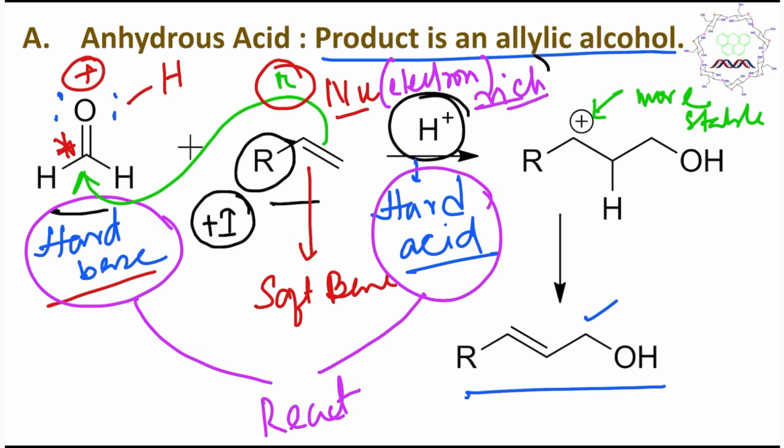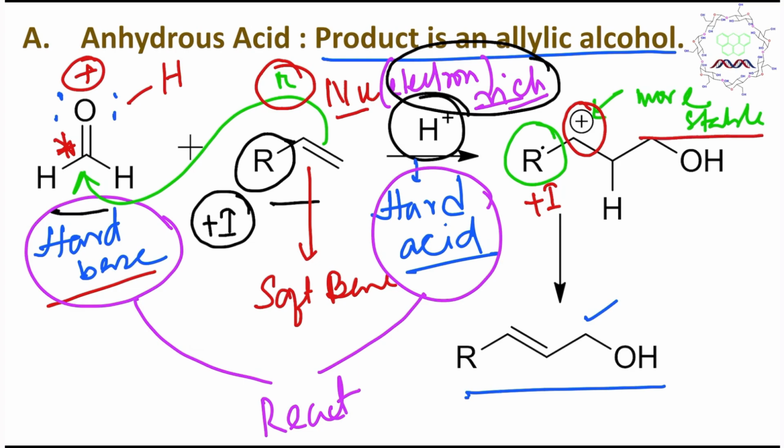If this alkene is electron rich, then only it can attack the corresponding carbonyl efficiently. So that's why this R group has some donation, meaning plus I or plus R effect. So that's why positive charge is more stable at this position. So that's why carbocation will be produced here.